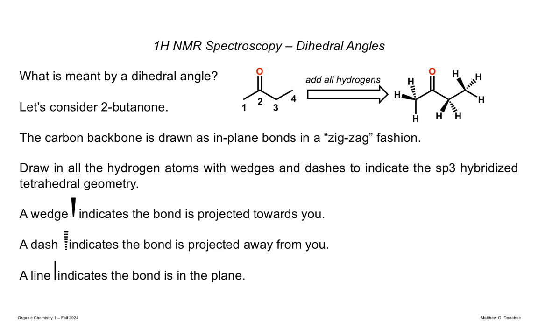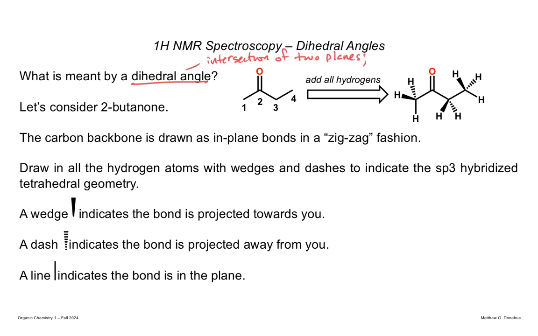So the magnitude, that distance between the lines in a signal, is dependent upon the dihedral angle of the signal of interest in the neighboring hydrogens. So a dihedral angle is defined by the intersection of two planes.